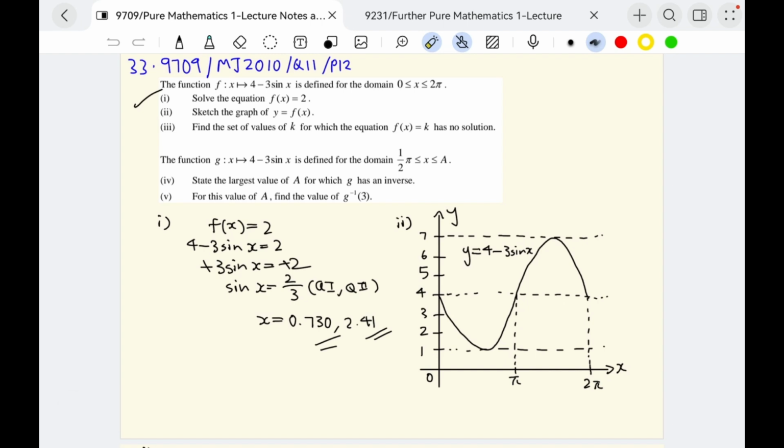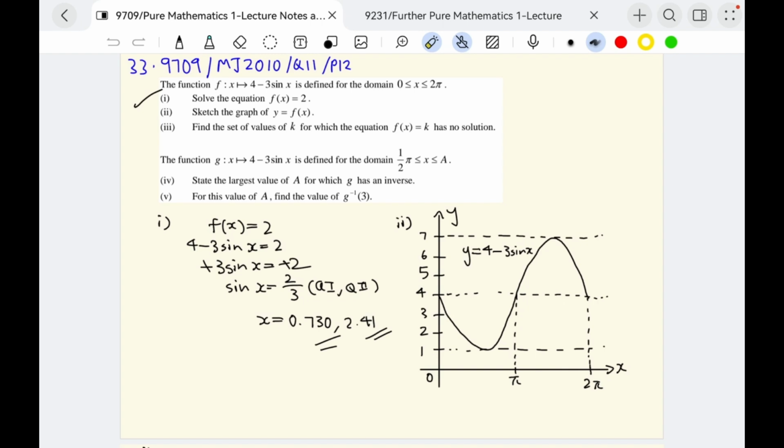The function g maps x to 4 minus 3 sine x and is defined for the domain from pi over 2 to a for x. As you can see, the pattern of this question is similar to the previous question we discussed just now.